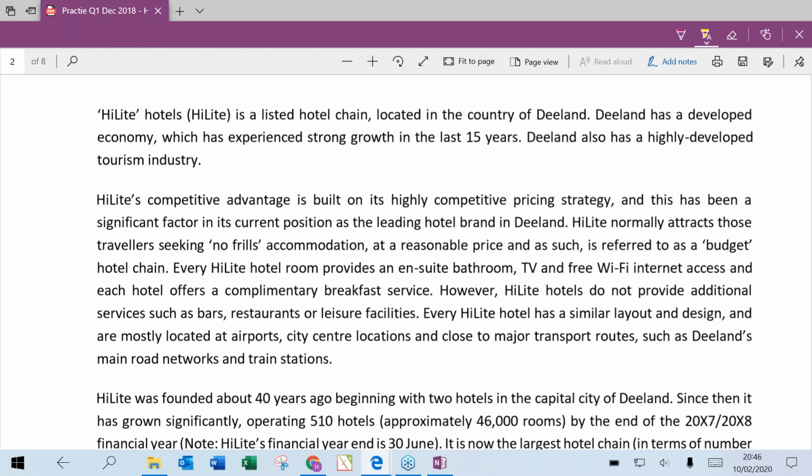Highlight Hotels. Highlight is a listed hotel chain located in the country of D-Land. D-Land has a developed economy which has experienced strong growth in the last 15 years. D-Land also has a highly developed tourism industry. Please digest what it says.